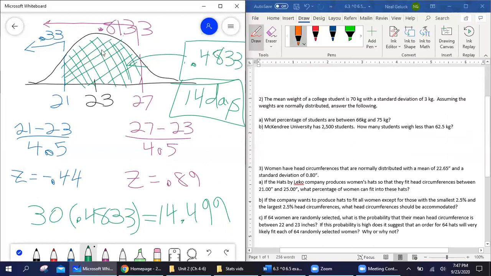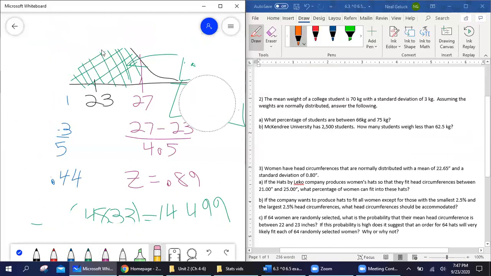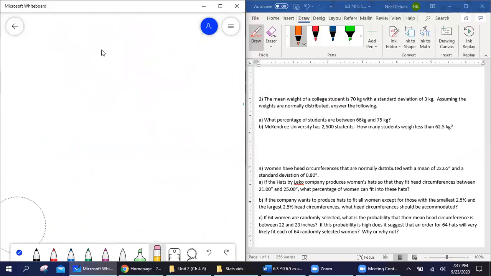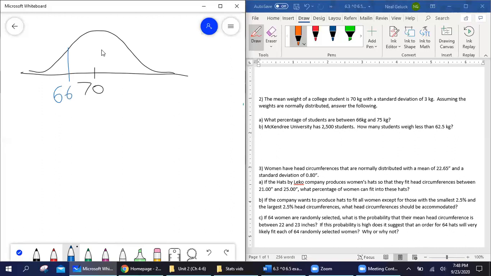For number 2, the mean weight of a college student is 70 kilograms. Standard deviation of 3. What percentage of students are between 66 and 75? So this is very similar to the 2 temperatures that we just did. So 66 would be below. That should end up with a negative z-score. 75 would be above.